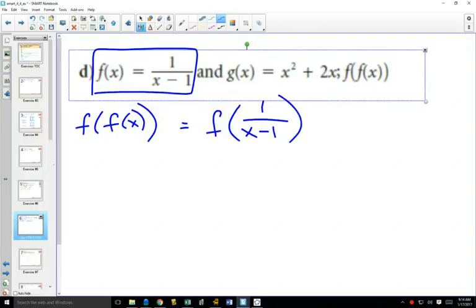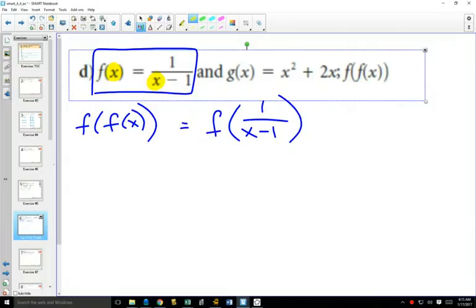So now, the reason I wanted to do this one together is sometimes with fractions, it can throw you off a little bit. But we have to remember the basic idea that our f of x function says whatever you put in, what happens to that? You do 1 over whatever you put in minus 1.